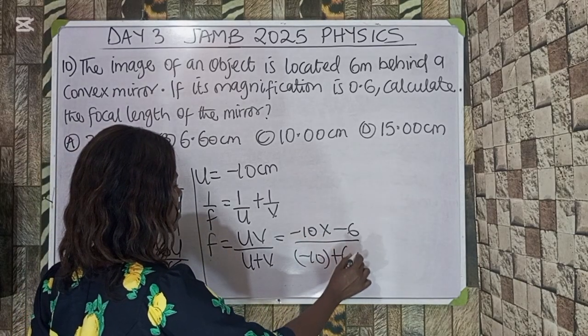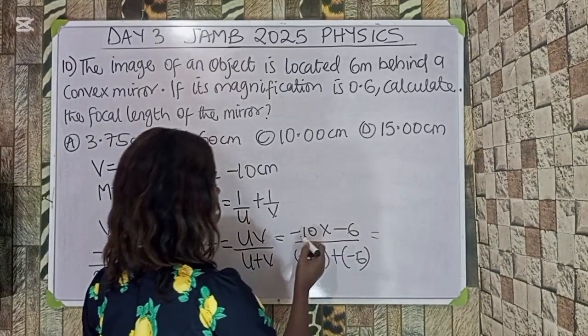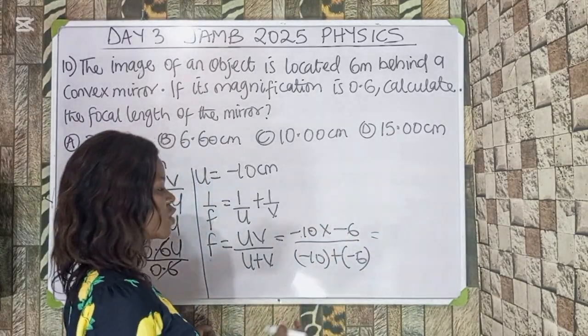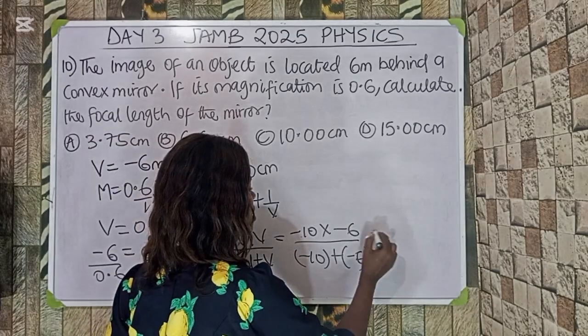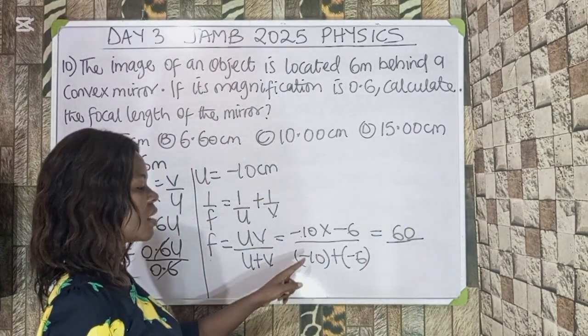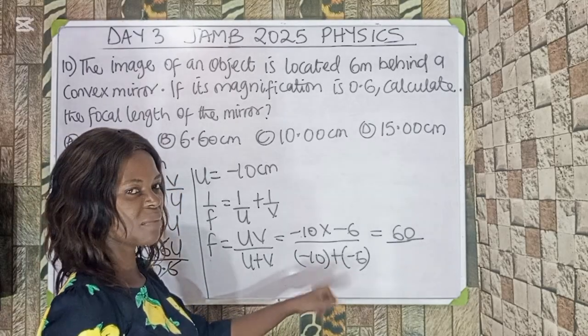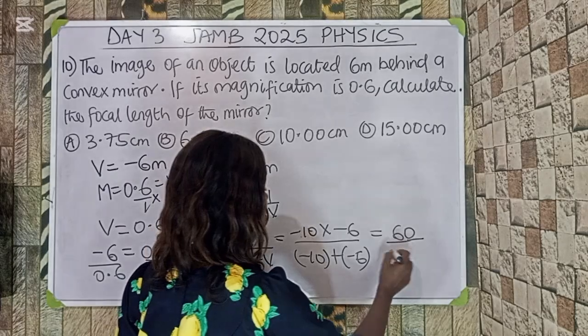then plus bracket minus 6. Do you understand? You have that minus times minus is plus. So 10 times 6 is 60, okay? Divided by minus 10 plus minus 6, that is minus 10 minus 6. It's going to give me minus 16.